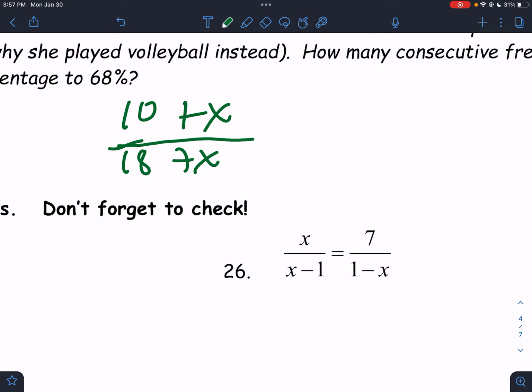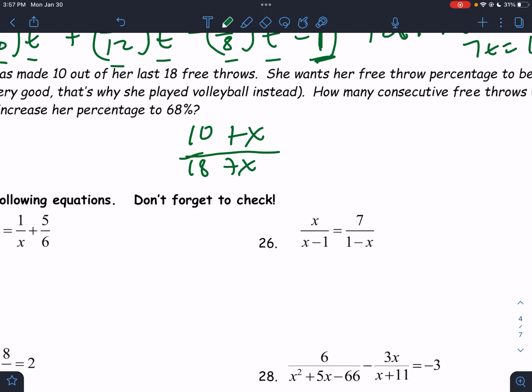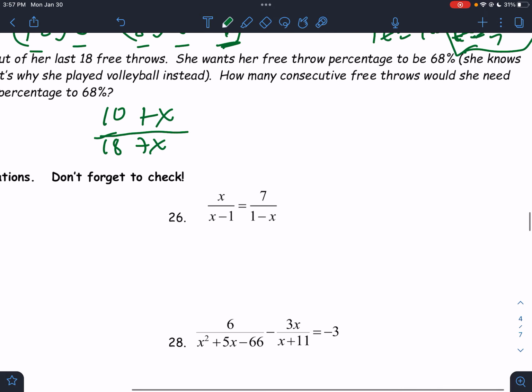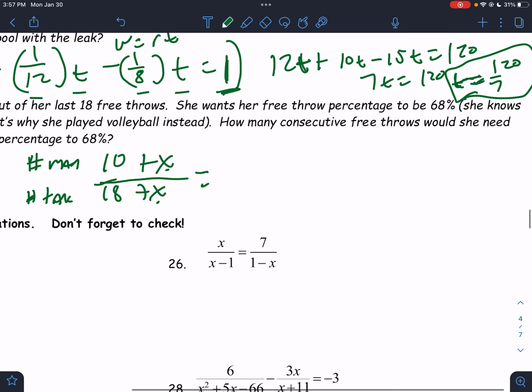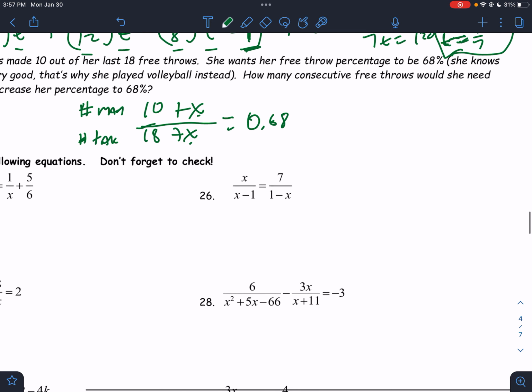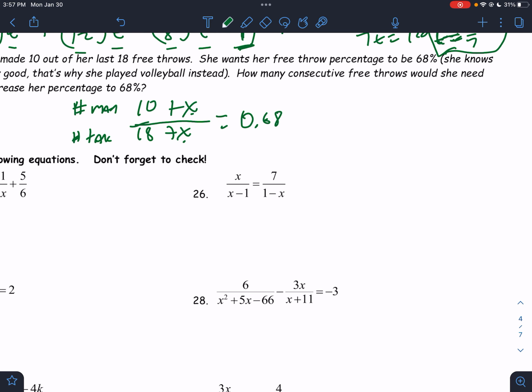So every shot she makes adds to her total number of shots. So it's number made over number taken. And we want that to be 0.68, 68%. So we can solve that. So that'd be 10 plus X.